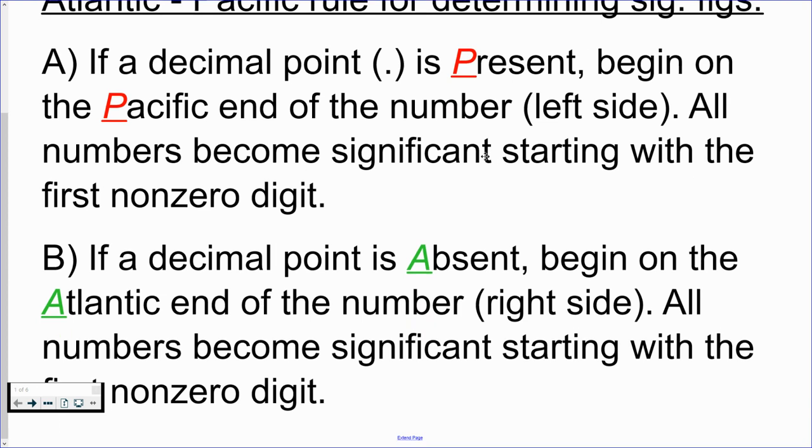The other part of that rule is the Atlantic rule, which is if a decimal point is absent, you begin on the Atlantic side, which is the right-hand side, and you're going to start counting from the first non-zero, all the way till you run out.